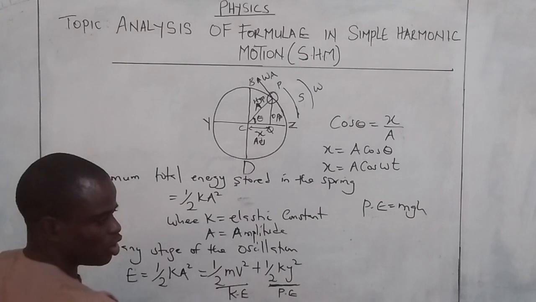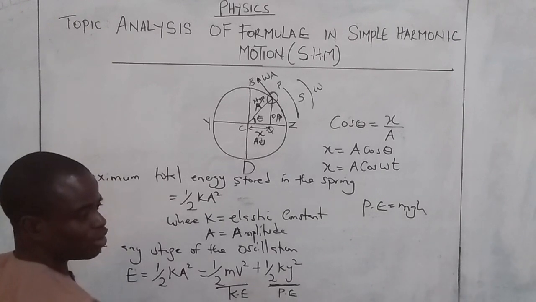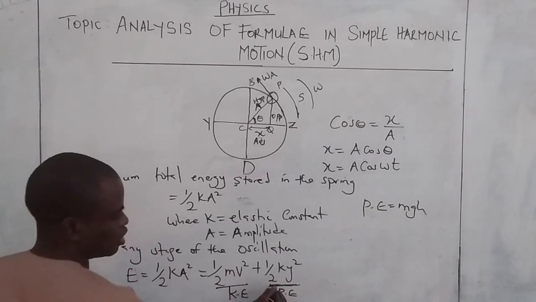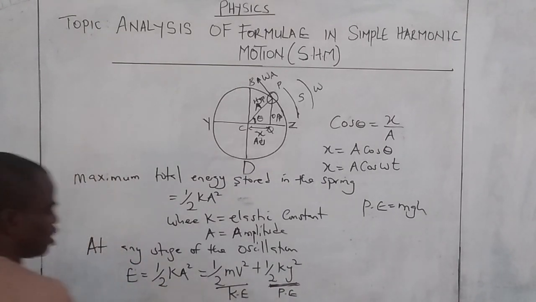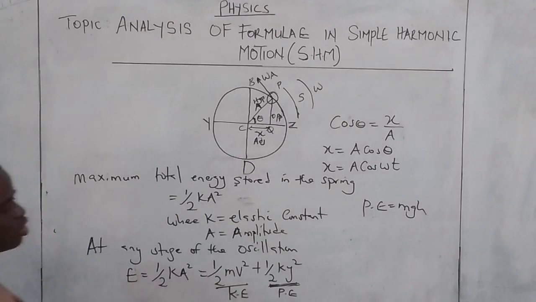When you stretch the spring and hold it at that point, the work done will remain stagnant there, except you release it. That was the work done in taking it. It's also potential energy at that point because it rests at the point where you stretched it to. Now, the energy also equals the addition of kinetic energy and potential energy.